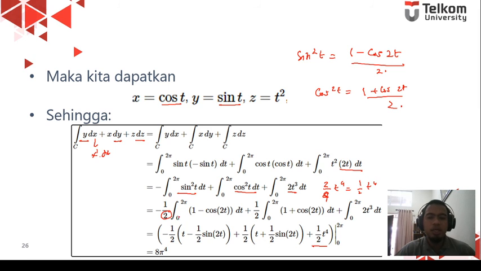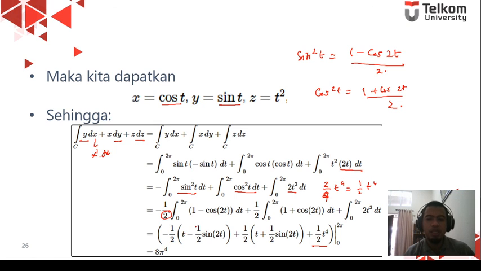Okay, so the integral of 1 should be t, and the integral of cos 2t should be a half sin 2t. This should be the same. Integral of 1 should be t, integral of cos 2t, a half sin 2t. So we can get this result. So this is minus a half t plus a half t.